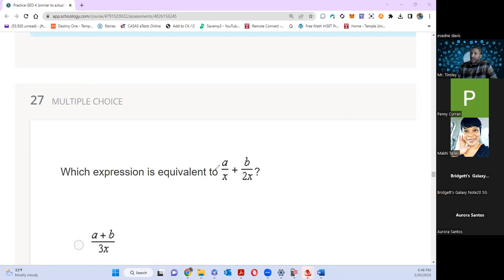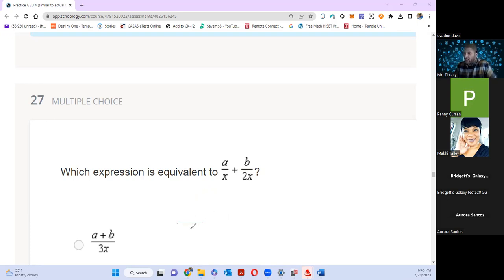What would I have to multiply this first equation by for the denominator to be 2x? What do I have to multiply x by to get the denominator of 2x? 2. Real easy, 2.